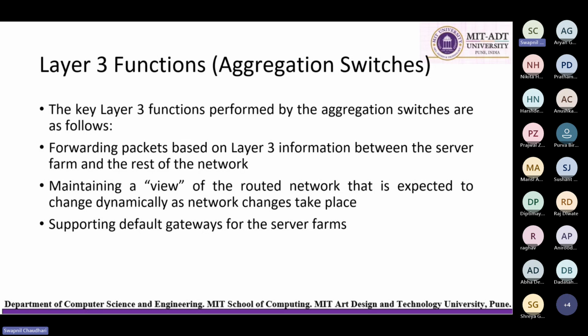Why are these functions important? These layer 3 functions ensure scalability, meaning they support large networks; reliability, since they adapt to different kinds of failures; and efficient routing, meaning optimal data flow between those networks.